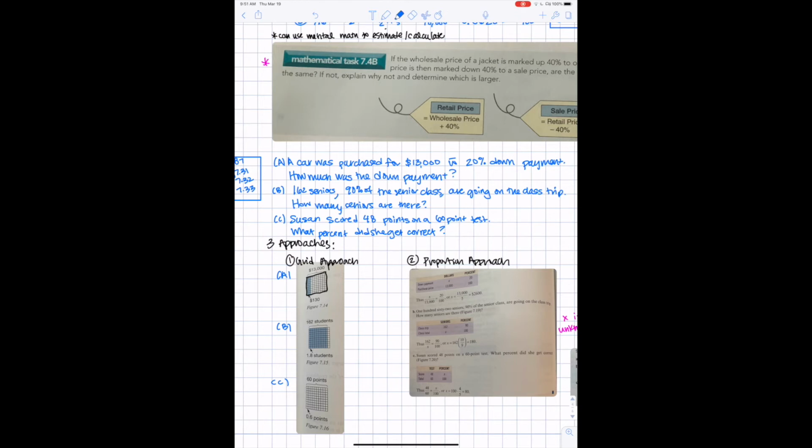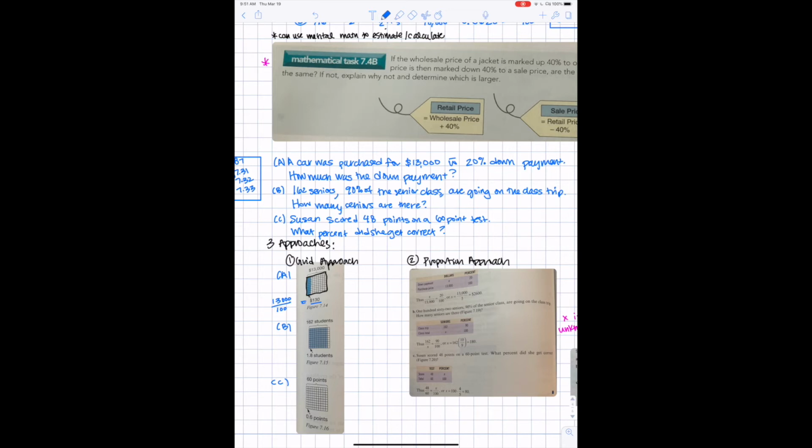Notice we can count the boxes, but it's still just a 10 by 10 grid, so it consists of 100 squares. That means each of these squares should represent 13,000 divided by 100. So each square should be $130, right? And if it's a 10 by 10 grid, then 20% of it is going to be 20 of these little boxes, or 2 whole columns.